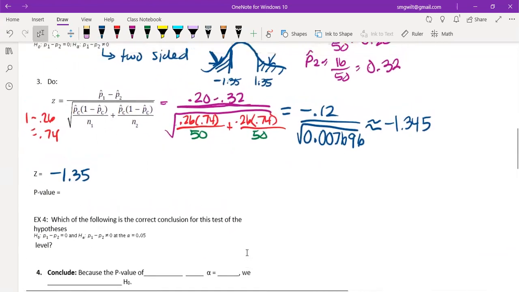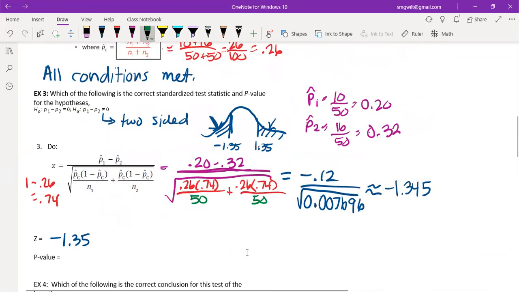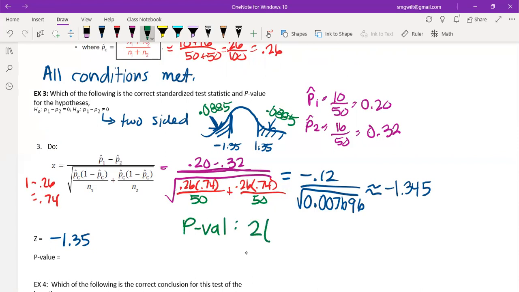So this area is 0.0885, and that's true for both of them. Then our p-value, because it's a two-sided, a not equal to, is going to be 2 times 0.0885, which gives us an answer of 0.177.